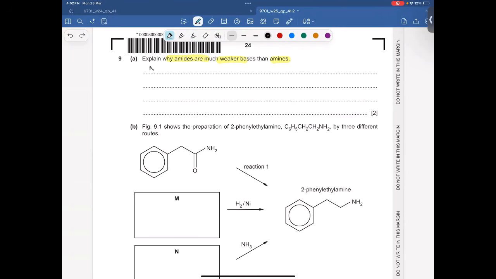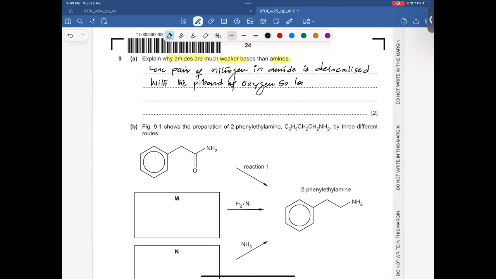The lone pair of nitrogen in amides is delocalized with the pi bond of oxygen.